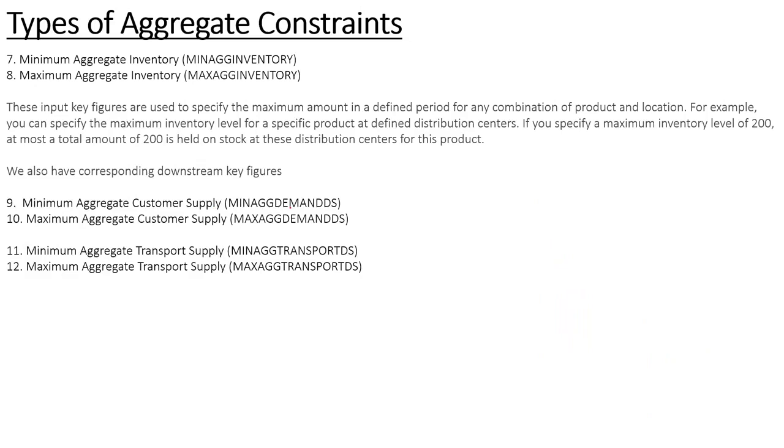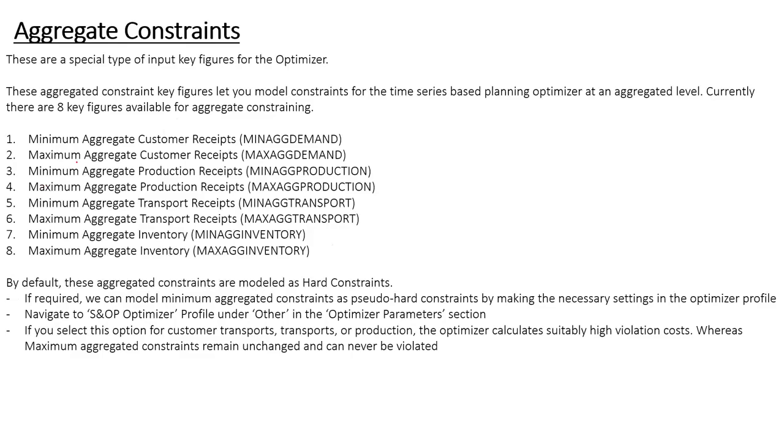Supply and then receipts. Transport supply is from a shipping location. Transport receipts is from a receiving location, with lead time offsets and so on, as we have seen. So in total there are 12 key figures, but from a constraining perspective, there are eight key figures.